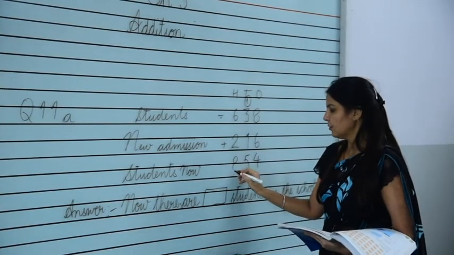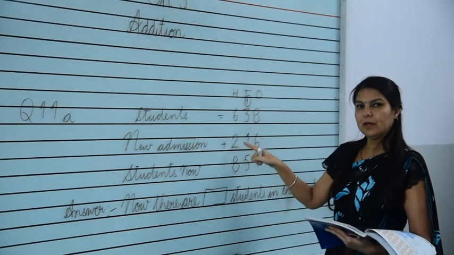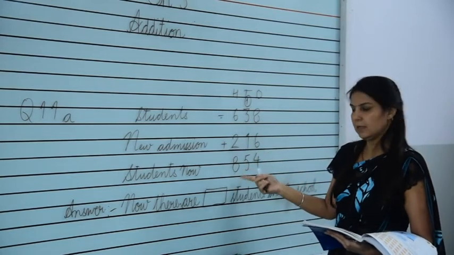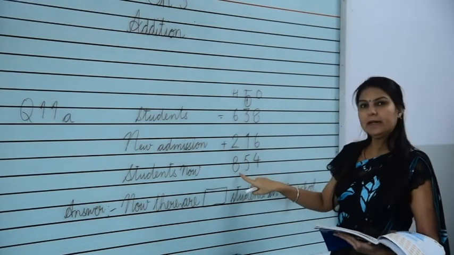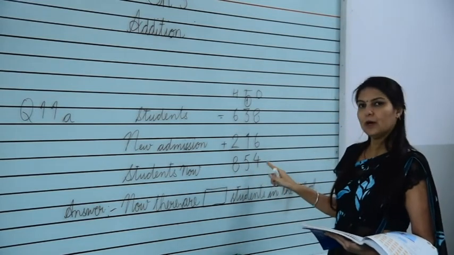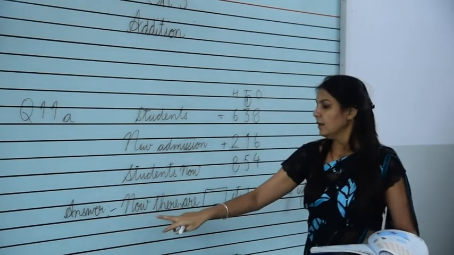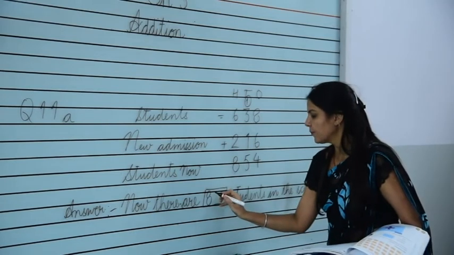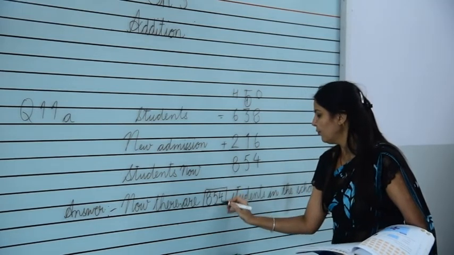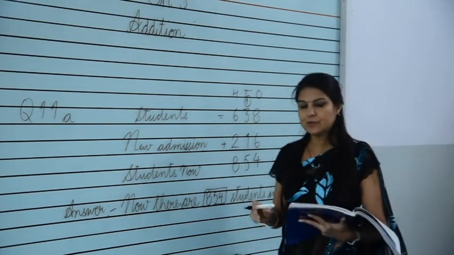You know, you will keep the bigger number in your mind and move forward 2 after 6. It will be 8. Now, how many students in the school? 854 students now in the school. So, what is the answer? Answer is, now there are 854 students in the school. I hope you have understood.